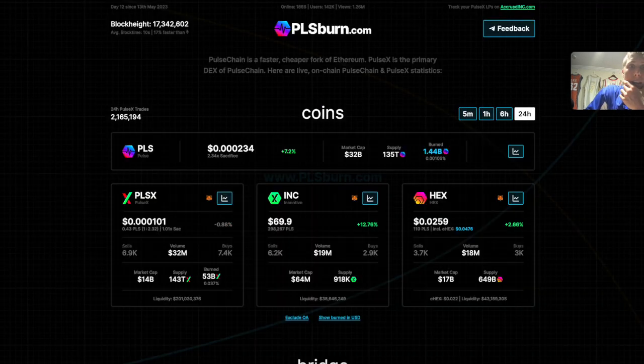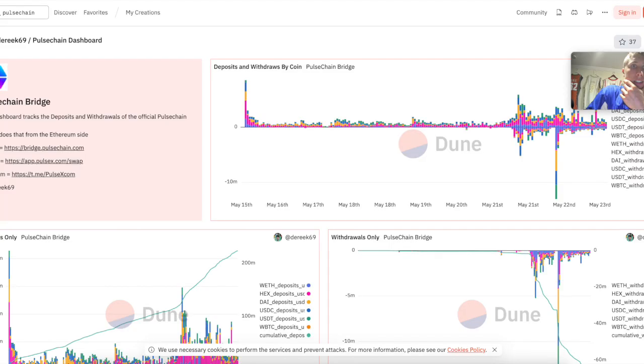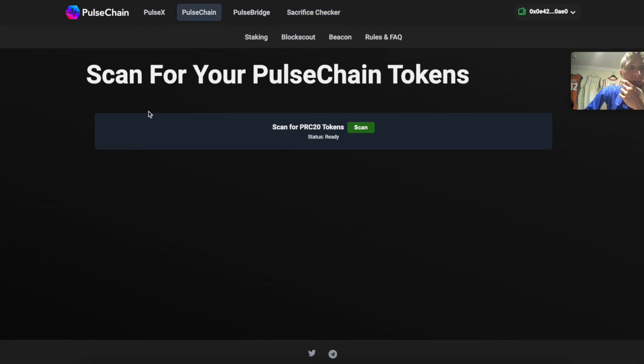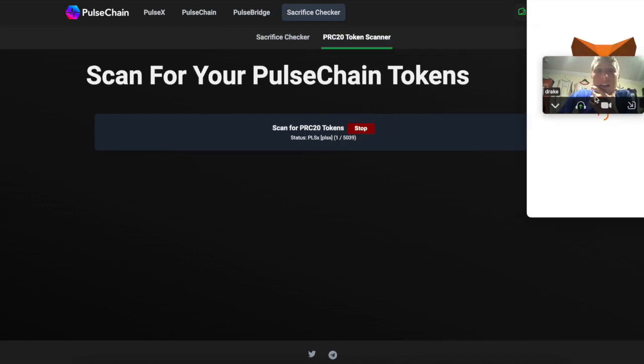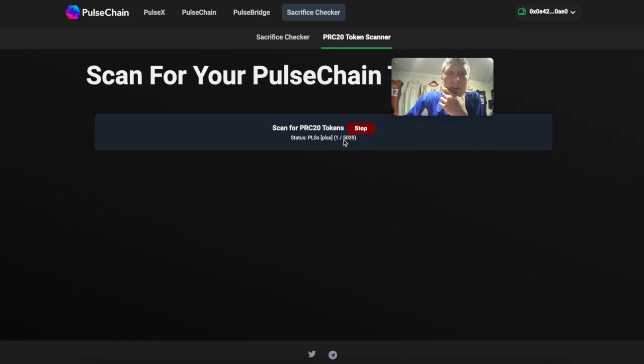You can add them manually going onto the Pulse Chain scan, or you can simply use this pretty easy to use tool. Now, this is something a little bit different, but this is basically a scan for your Pulse Chain tokens. It's going to scan your MetaMask. So it's going to pick from like 5,000 of the most common tokens. And you literally hit scan.